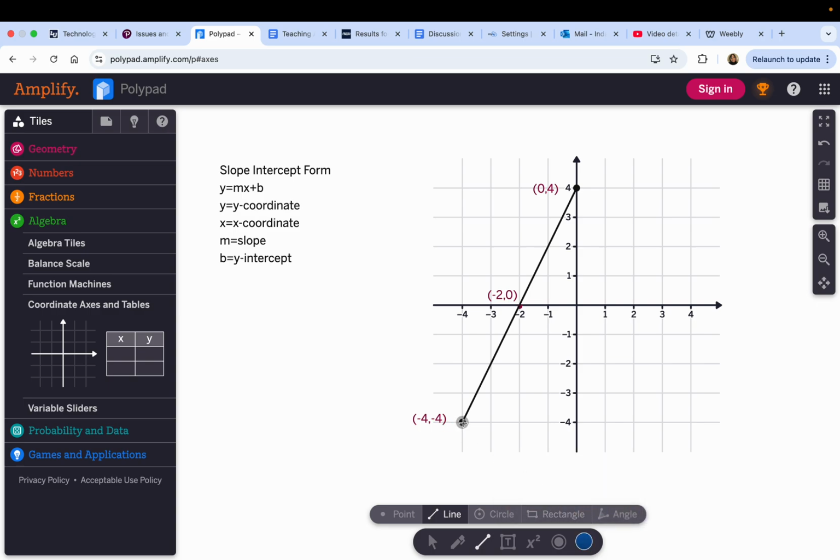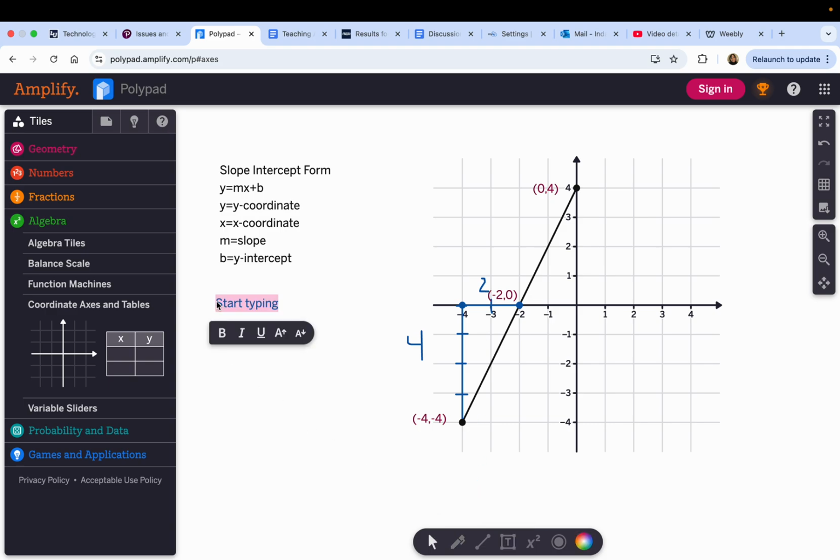So we know our slope is determined by our rise over our run, right? So we look at our rise and we determine how many times we went up. We never count where we start, right? So we count up. 1, 2, 3, 4. So rise, 4, over the run, 1, 2.